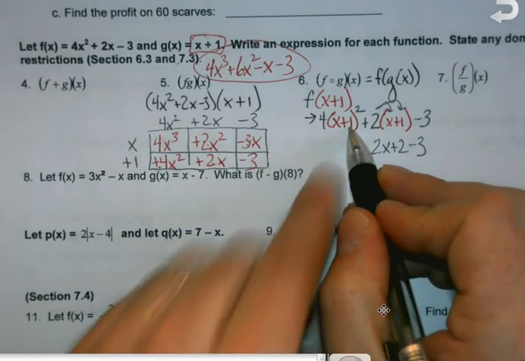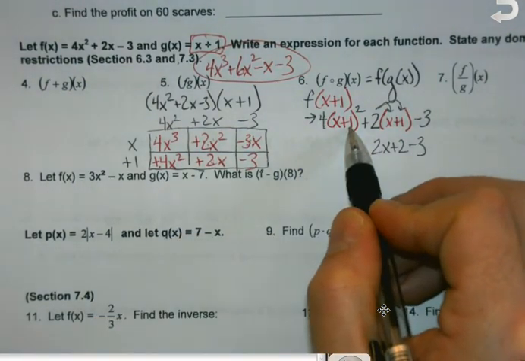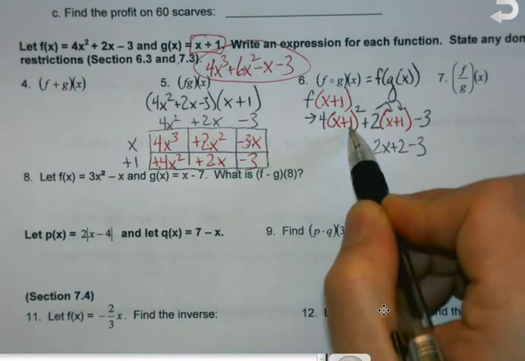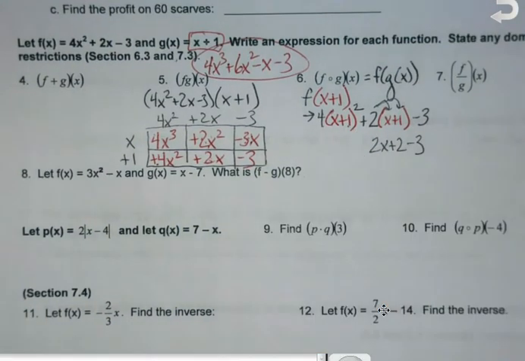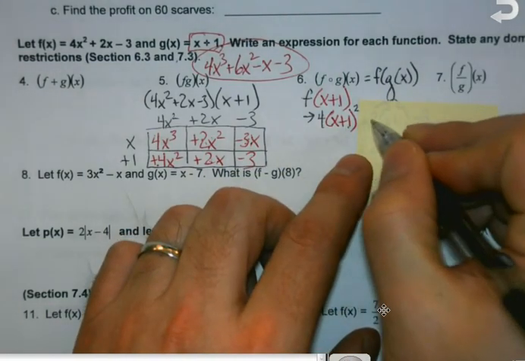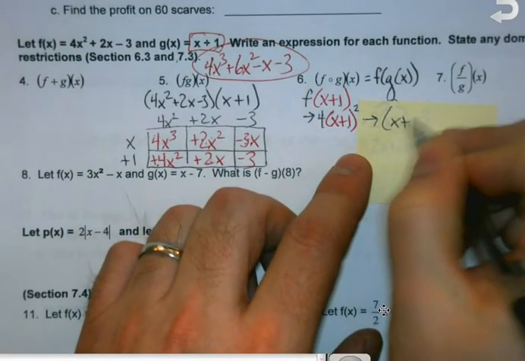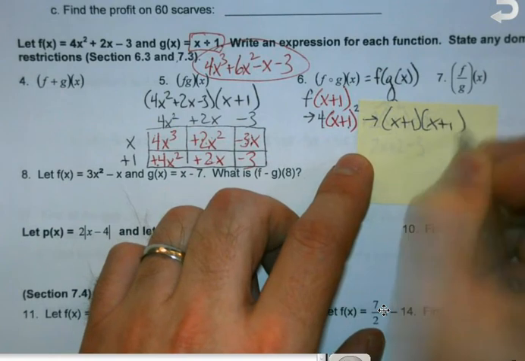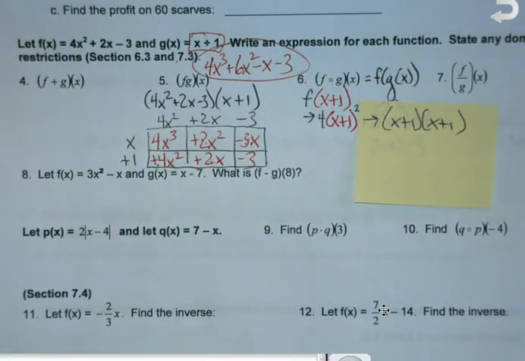I not only need to multiply this out, FOIL it, box it, don't care which, but I have to do one of them. So for this part, remember, x plus 1 squared is x plus 1, x plus 1. Don't just write x squared plus 1 or you're going to miss it.